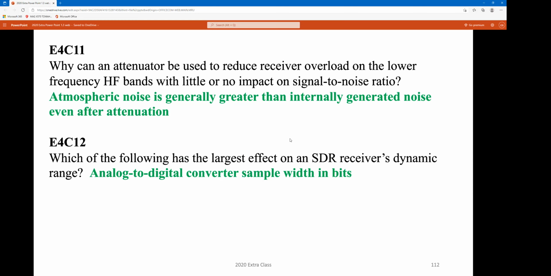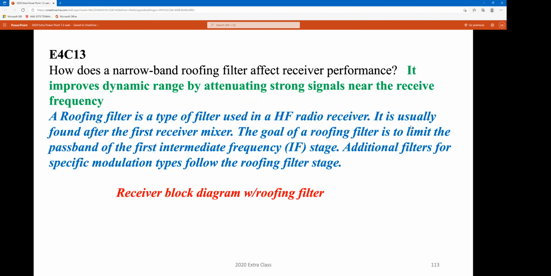It's the converter's sample width in bits, the analog to digital converter. How does a narrowband roofing filter affect receiver performance? It improves the dynamic range by attenuating strong signals near the receive frequency.